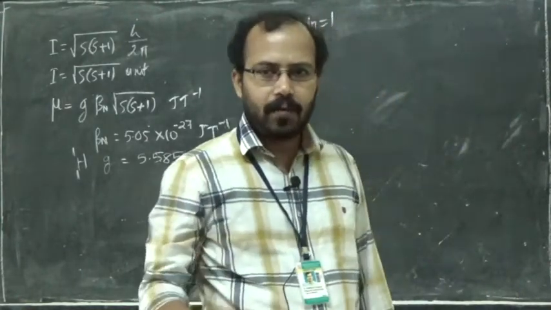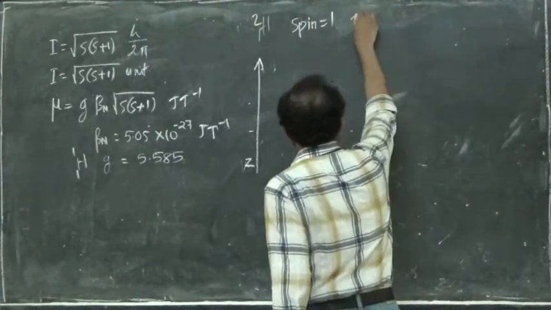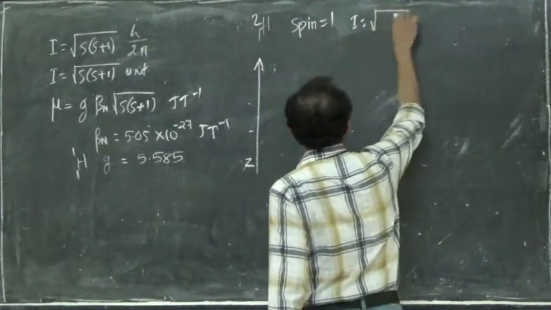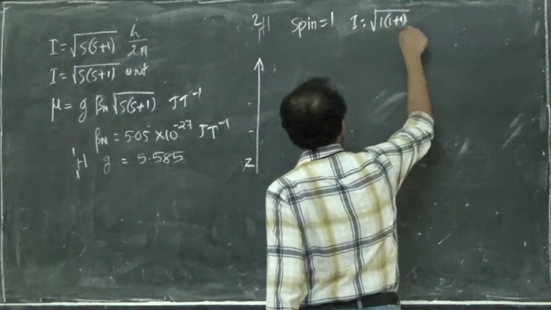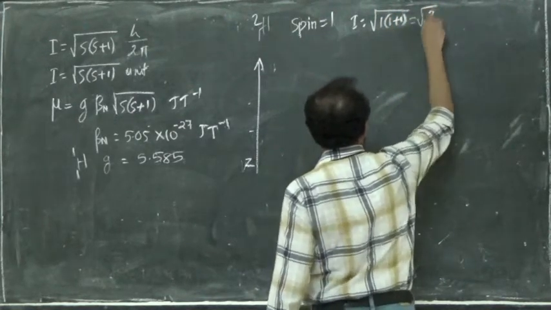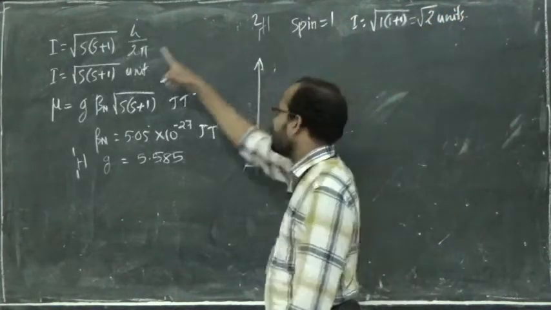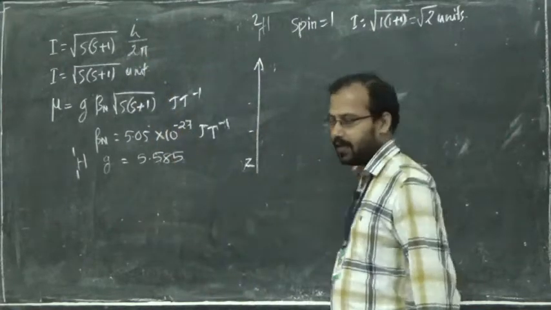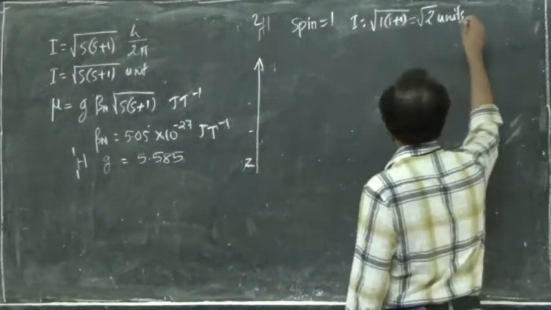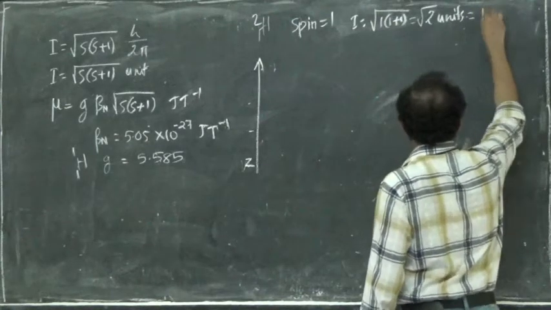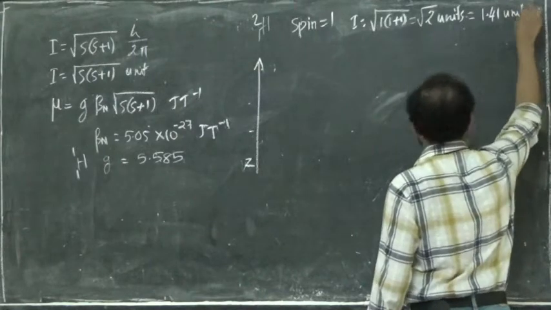Therefore, the angular momentum of this nucleus, I, is equal to root of 1 into (1 plus 1), that is root of 1 into 2, which is equal to root 2 units, where 1 unit is h divided by 2 pi. That is the angular momentum of this nucleus, and root 2 units is equal to 1.41 units.